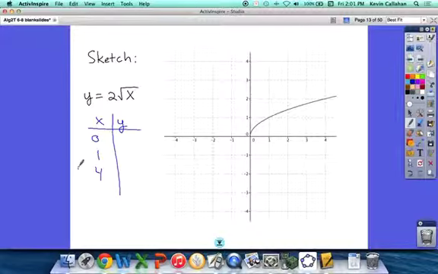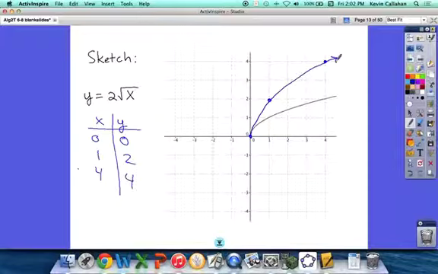So for x equals 0, y equals 0. For x equals 1, y equals 2. For x equals 4, y equals 4. So just with those 3 points, right, I can go 0, 0, 1, 2, and 4, 4. And then connect those up with a smooth, continuous line. Boom.